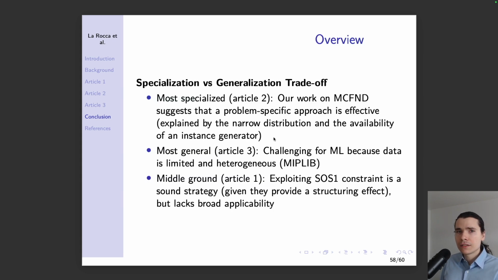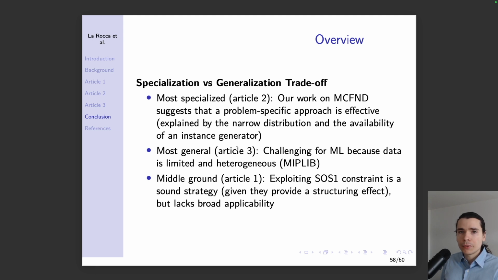In this thesis, we explore different specialization versus generalization trade-offs in the landscape of ML or CO enhanced methods. So we have the most specialized paper, which is the second one, where we work explicitly on the network design. And this is the most effective method, in our opinion, because you have a narrow distribution and you can generate instances quite easily.